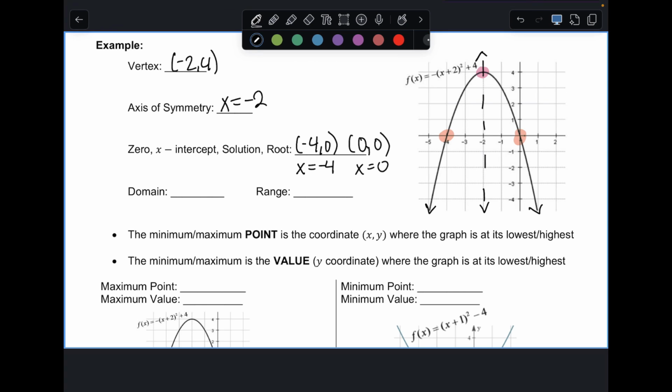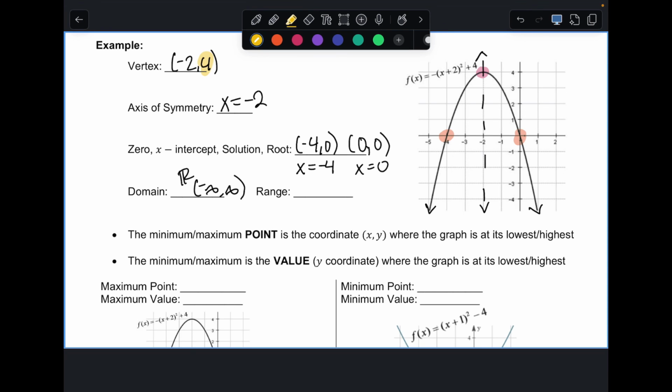Last thing for this graph, domain is always what? X values. Yeah, real numbers, it's the possible x values. It never changes for quadratics. It's always all real numbers. Range, very close. We know for a fact that 4 is going to be one of my endpoints because it's the y-coordinate of my vertex.